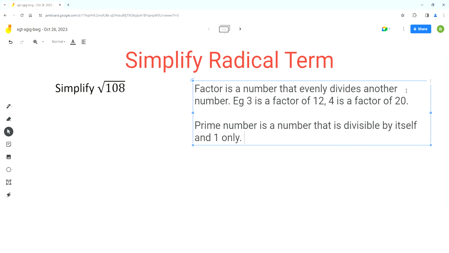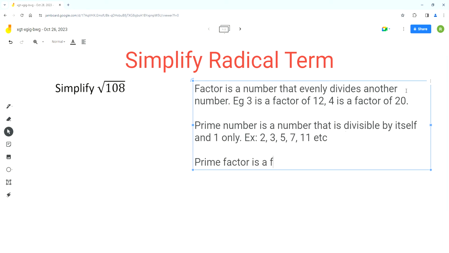So for example, 2 is a prime number, 3 is a prime number, 5, 7, 11, etc. are all prime numbers because these numbers are only divisible by themselves and 1. So prime factor is a factor that is a prime number. So there's a very important concept you need to understand and memorize.